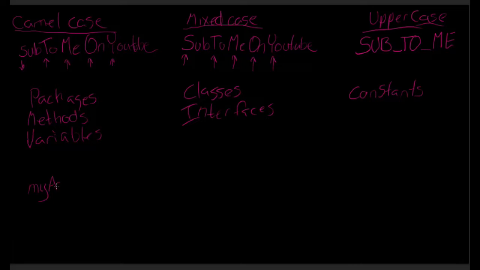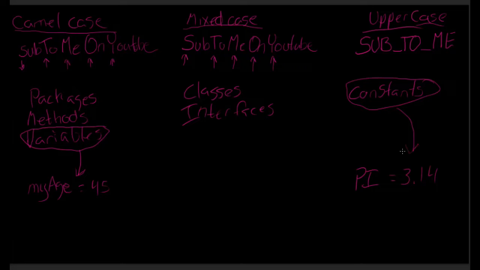However, a constant might be something like pi, because pi always equals 3.14 and so on. My age could vary. Right now it's 45, and next year it'd be 46. But pi is a constant. So that's the difference. Your variables can vary in their value, whereas a constant never changes.